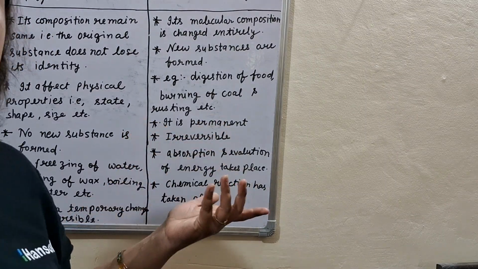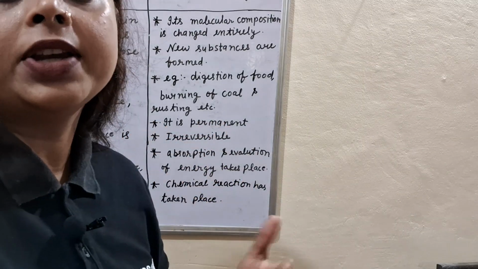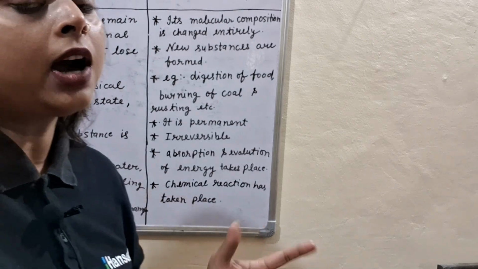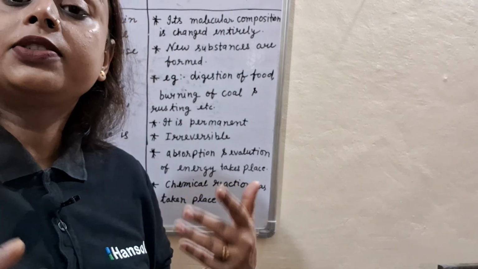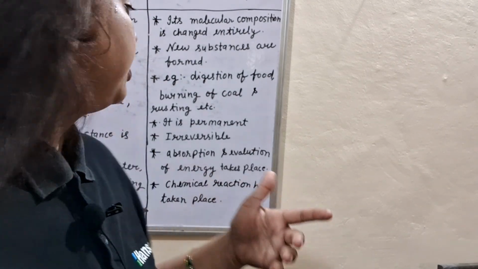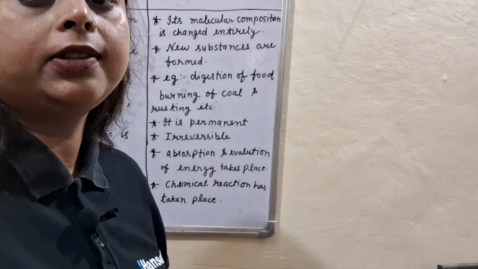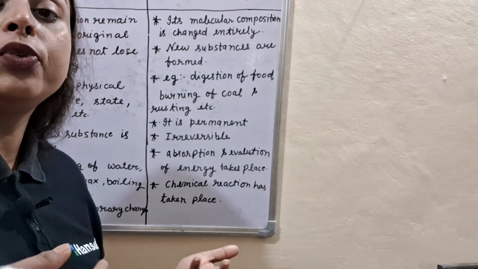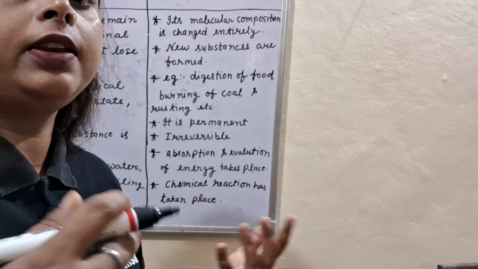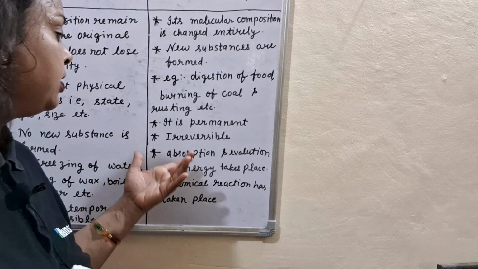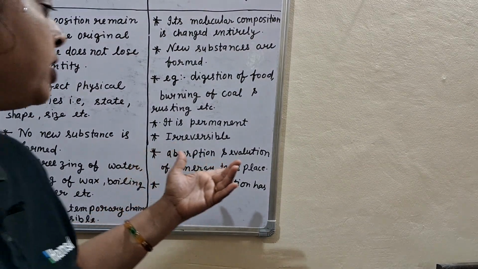It is permanent. When our food is digested, we can't get the undigested food again. This is a permanent process. This is irreversible. When our food is digested, we can't reverse it. Absorption and evolution of energy takes place.